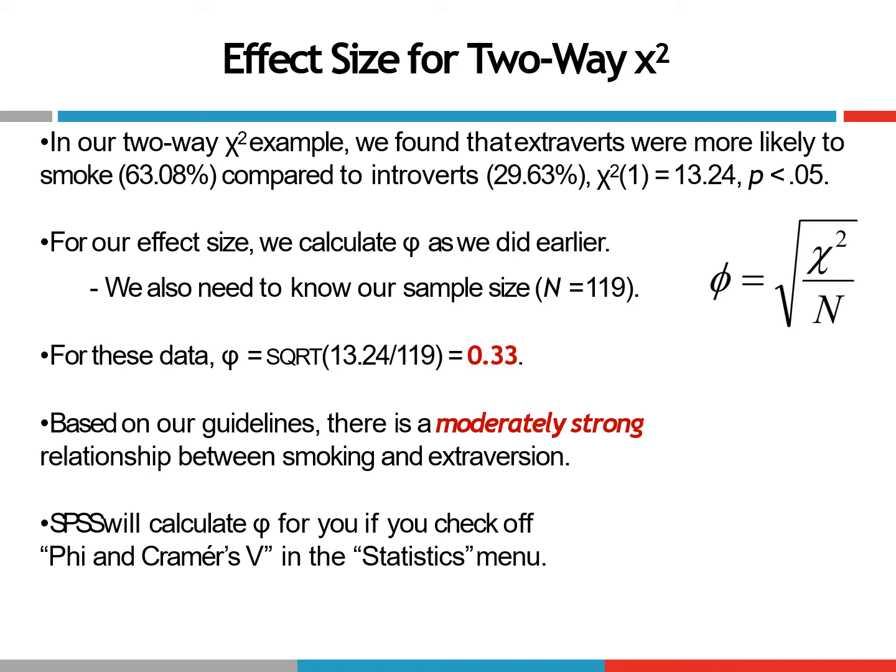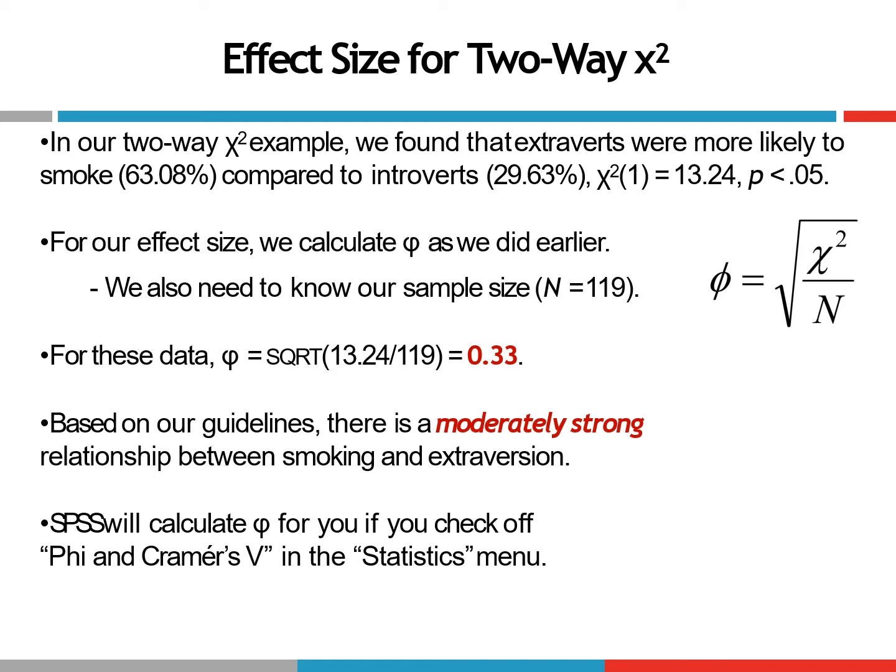So we found in general that people who are extroverts are more likely to smoke than people who are introverts, or there's a greater percentage of smokers who are extroverts than smokers who are introverts, right? And our chi-square value was 13.24, and our p-value was less than 0.05, which indicates a statistically significant effect.